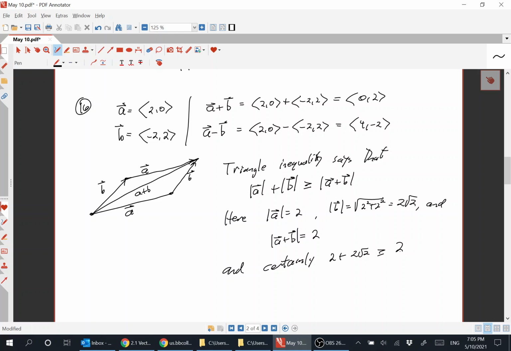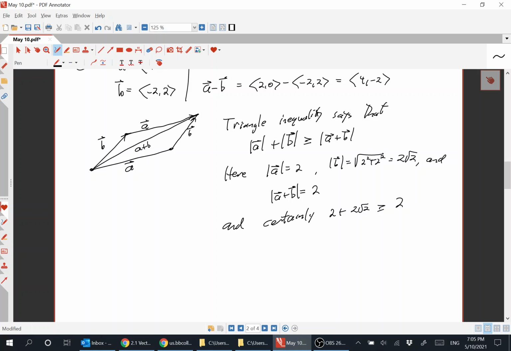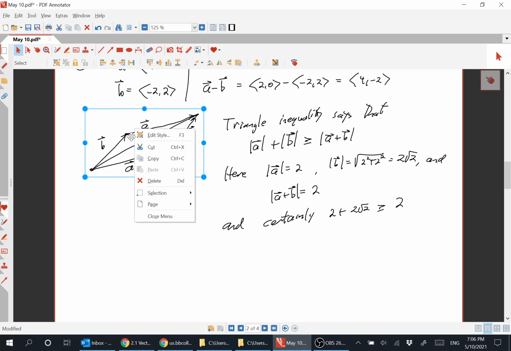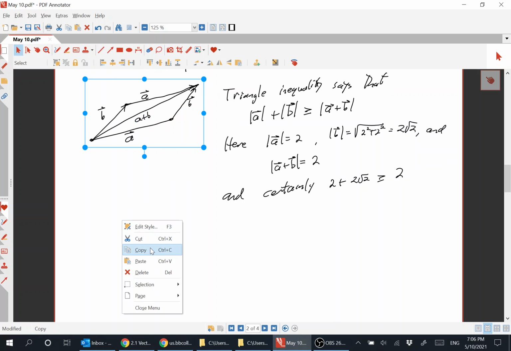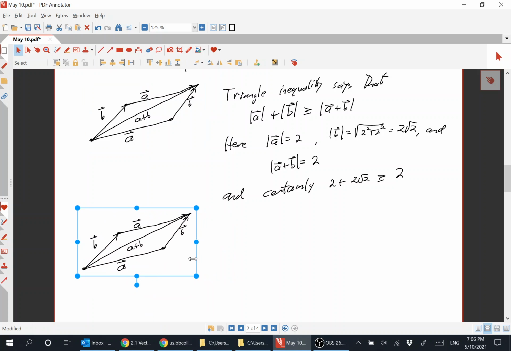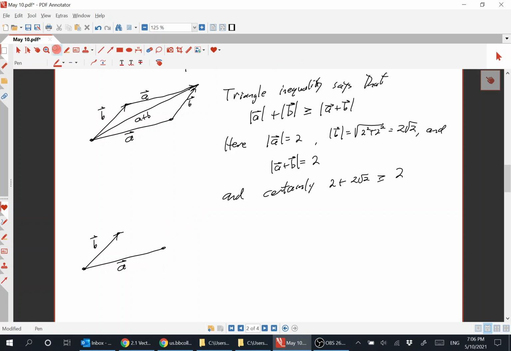Okay, and then the a minus b business, if we take this picture again, you just take a and b drawn from the same tail endpoint. What's this vector here?